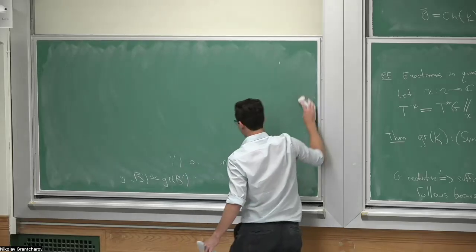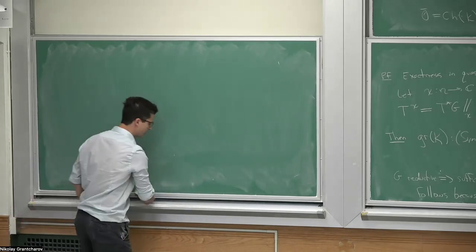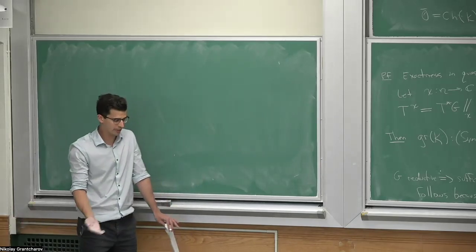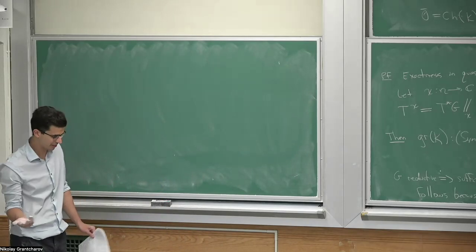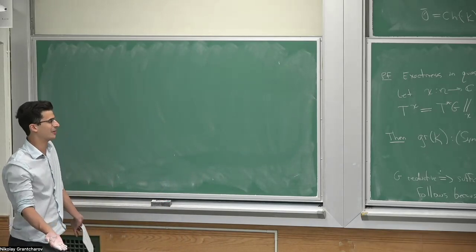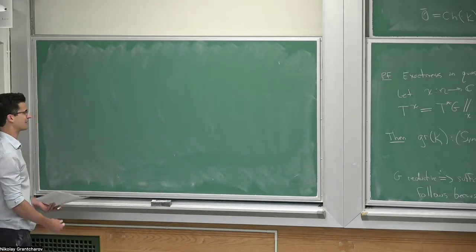The main difficulty is that there's no role of a Levi. Like we saw in the principal case, the Levi is just 0. So what's the role of the Levi?